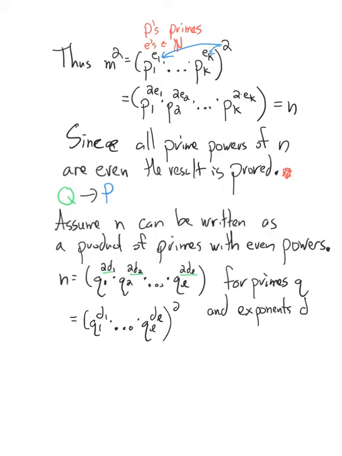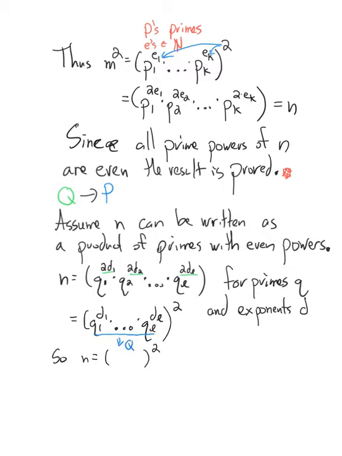And that's all squared. So I'm just using my rules for exponents in the other direction. So I have n equals something squared, this number here.